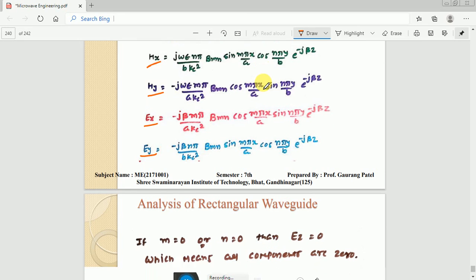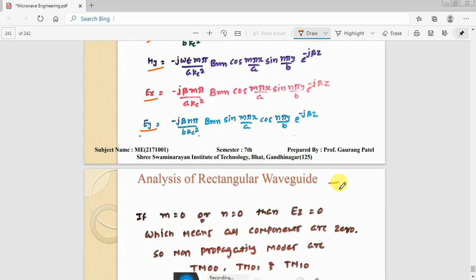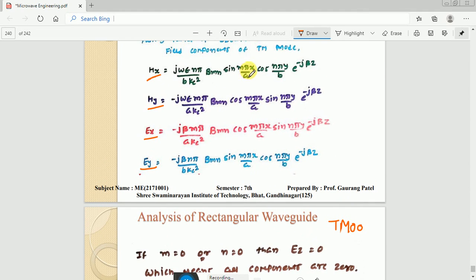So suppose we consider the mode TM00 in rectangular waveguide. TM00 means the value of m is equal to 0 and the value of n is equal to 0. If we put m equal to 0, then the sine component becomes 0, so this will be 0.